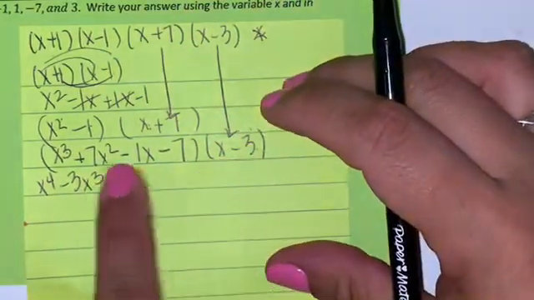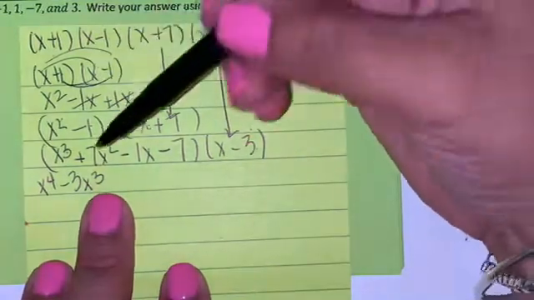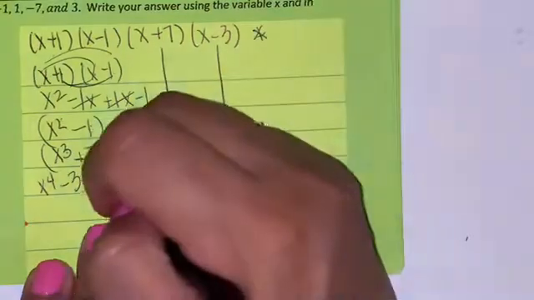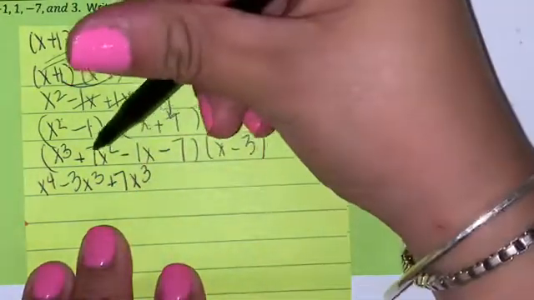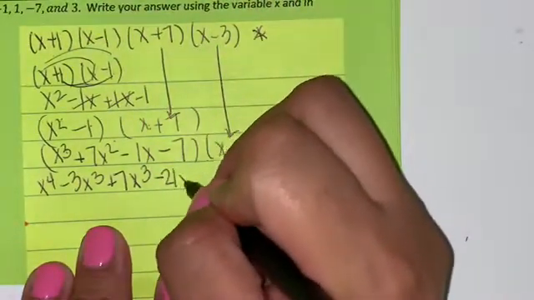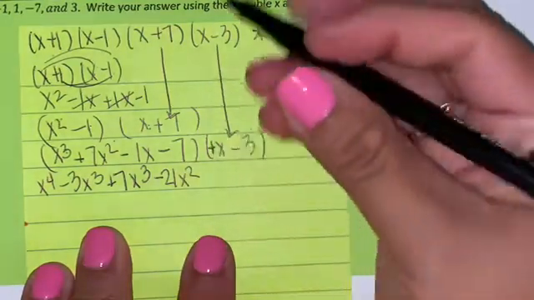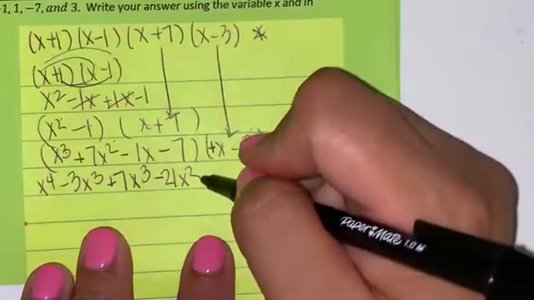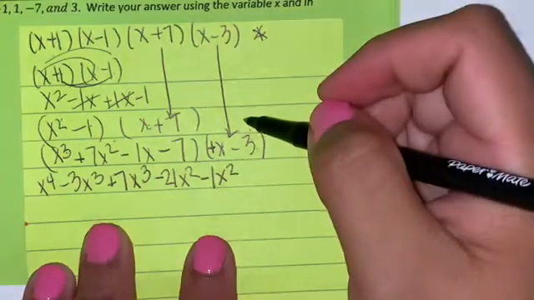We do it like this because we're going to make our groups. It's going to be easier for us to make our groups and collect like terms. 7x squared times x is positive 7x to the third. 7x squared times negative 3 is negative 21x squared. Remember, that's a positive x. Negative 1 times positive x is going to be negative 1x squared.